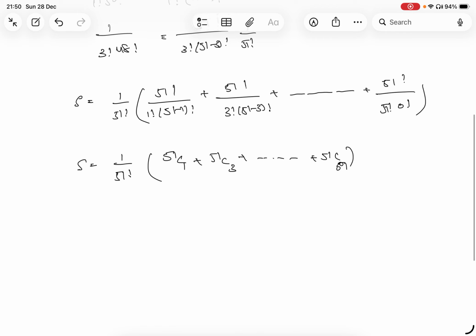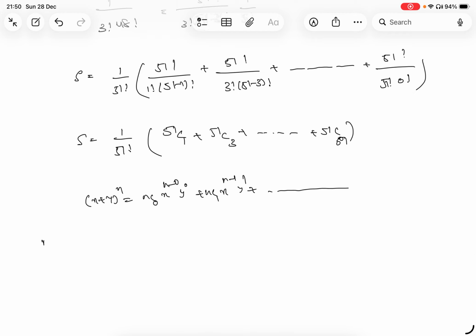As you know, the definition for (x plus y) whole power n is nC0 x power n minus 0 into y power 0, plus nC1 x power n minus 1 into y power 1, plus and so on.